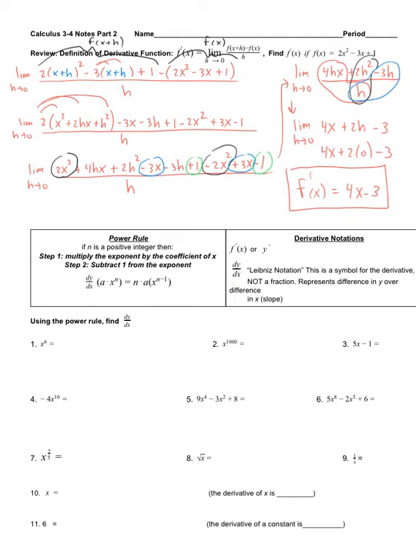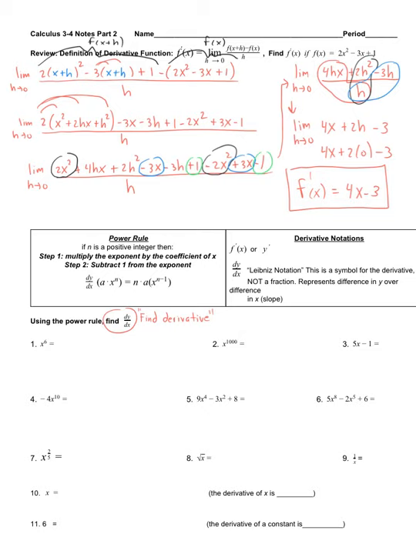It is not a fraction. And it simply stands for difference in y over difference in x, which is what the slope is, which is what the derivative is. So when you see this right here, find dy dx, this simply means find the derivative. It's just another notation for the derivative function in calculus.